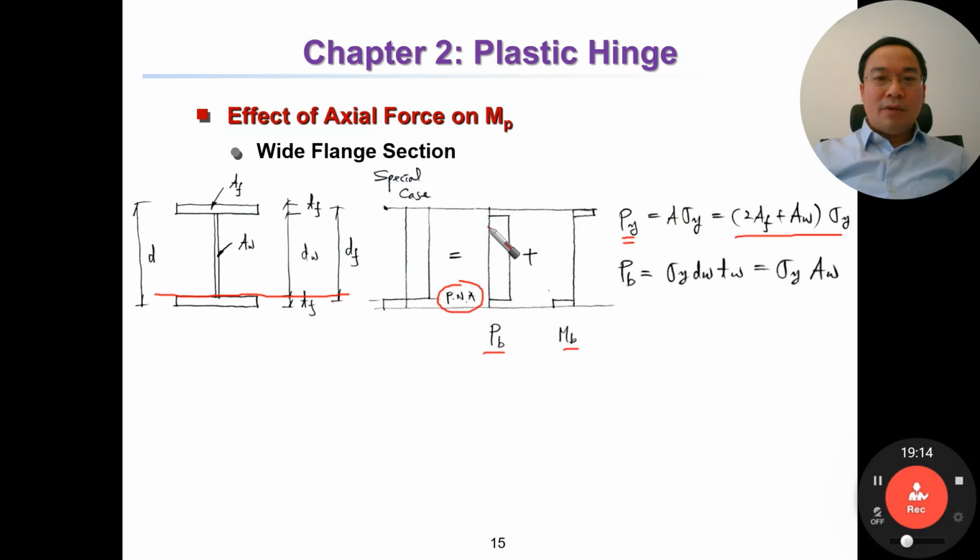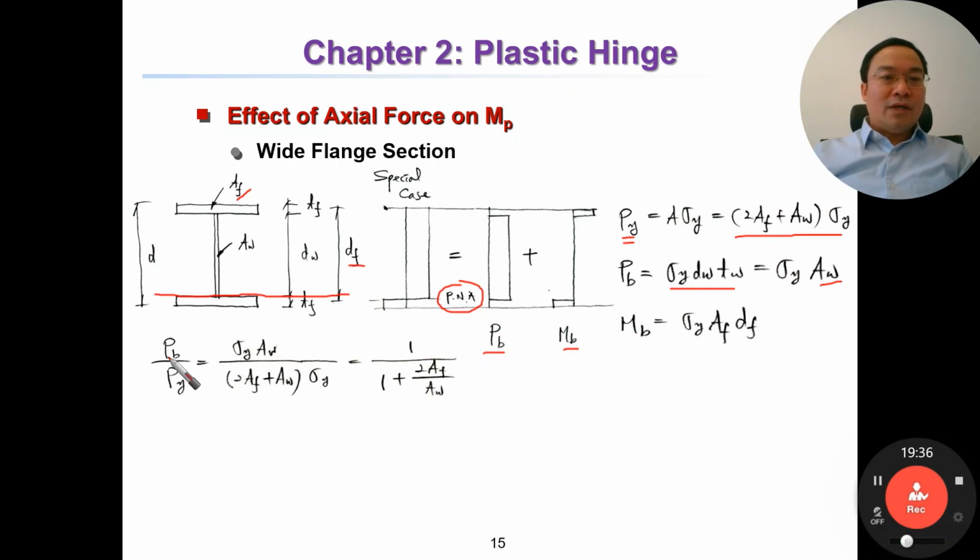PB is only this one, equal to sigma y multiplied by AW. Very simple, right? And MB equal to sigma y multiplied by AF multiplied by DF. Here's DF, here's AF.